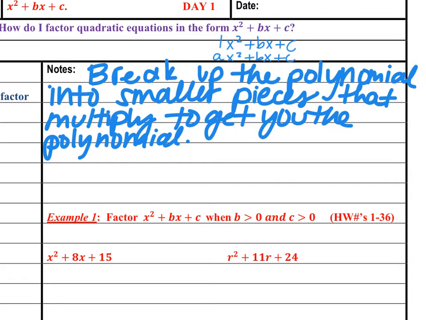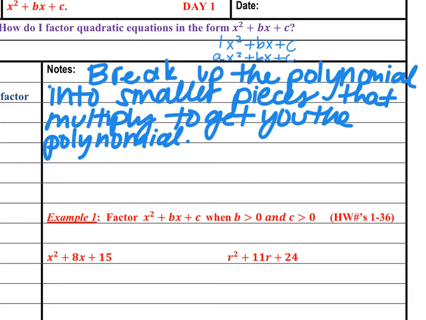This is helpful for graphing quadratics. This is helpful for finding x-intercepts. You do this a ton. It's helpful for simplifying expressions and things with fractions. You do this a lot in math. So this is one of the most important skills that you'll learn in this class.